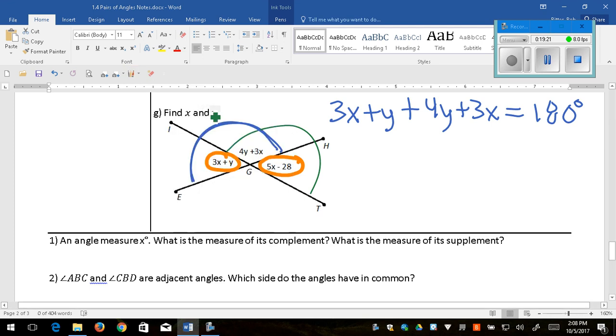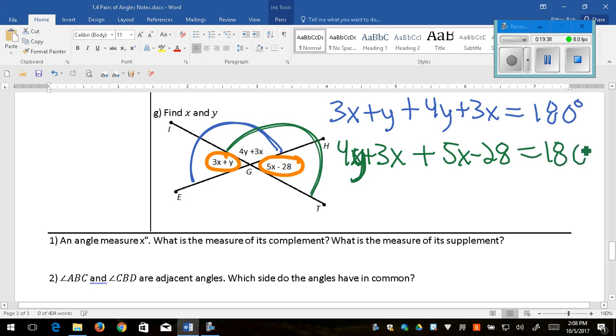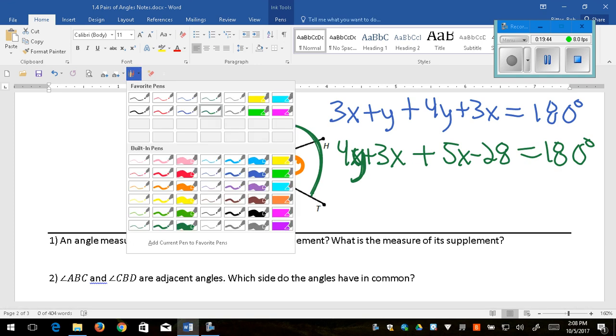You may have also had this equation, that 4y plus 3x plus 5x minus 28 equals 180 degrees. Because those linear pairs, those adjacent angles form a linear pair adding up to a straight angle.